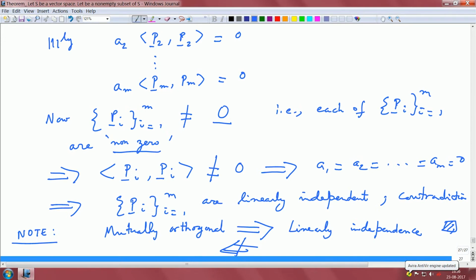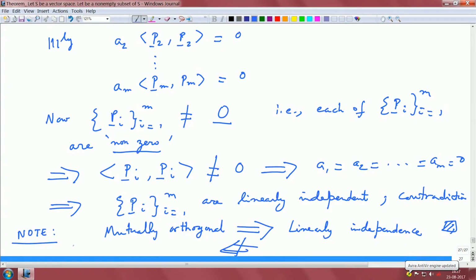That means if you find vectors that are linearly independent, then they are not necessarily mutually orthogonal. An example of this is basically, think about the vectors 1 1 and 1 0, right. These vectors are not mutually orthogonal, but they are linearly independent. But if you look at the natural basis, which is 0 1 and 1 0, they are mutually orthogonal, and that implies linear independence.